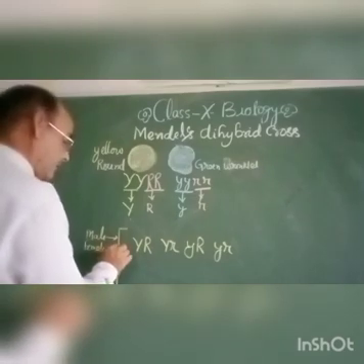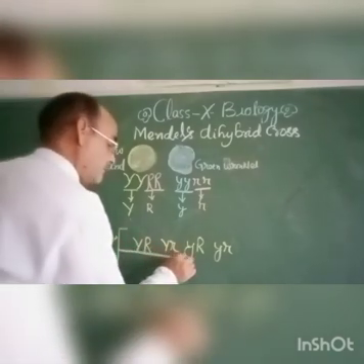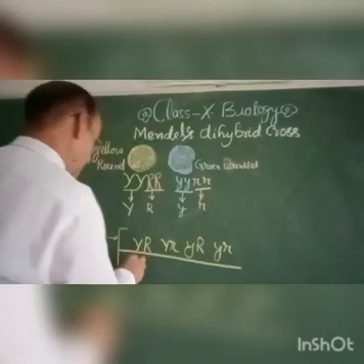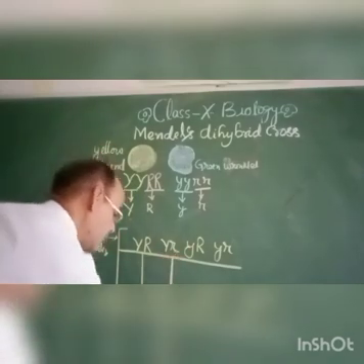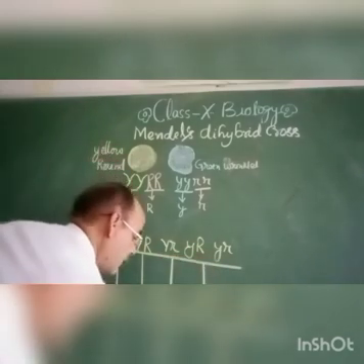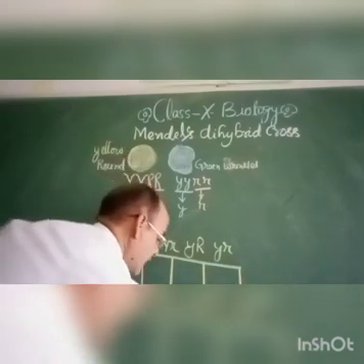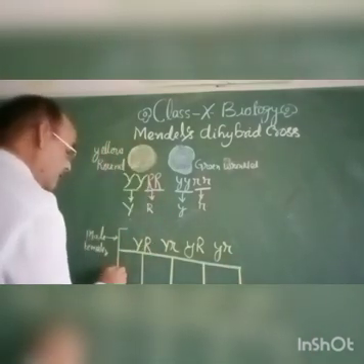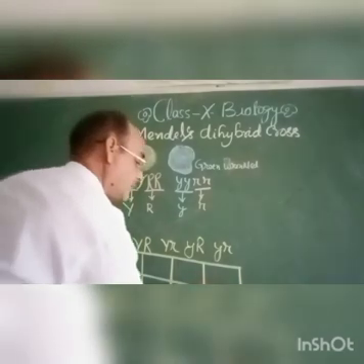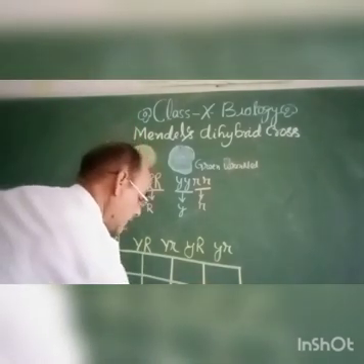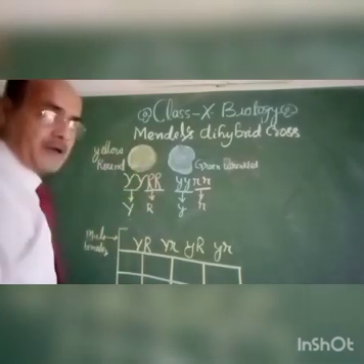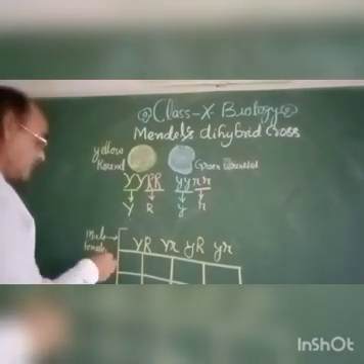And what is going to happen here? Let us see. Block 1, 2, 3, and 4. So there are 4 blocks that are made, and this is called the Punnett square. In this video you are looking at YR.